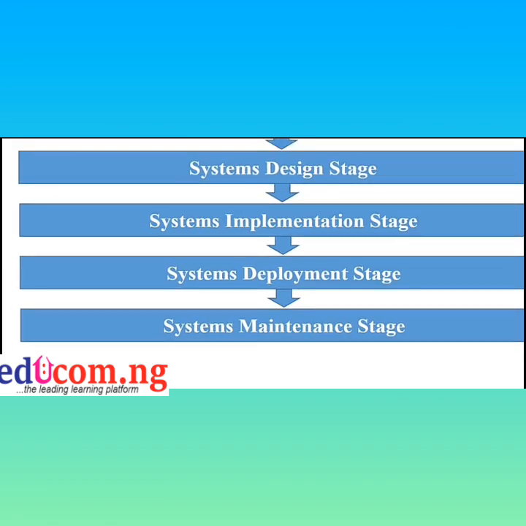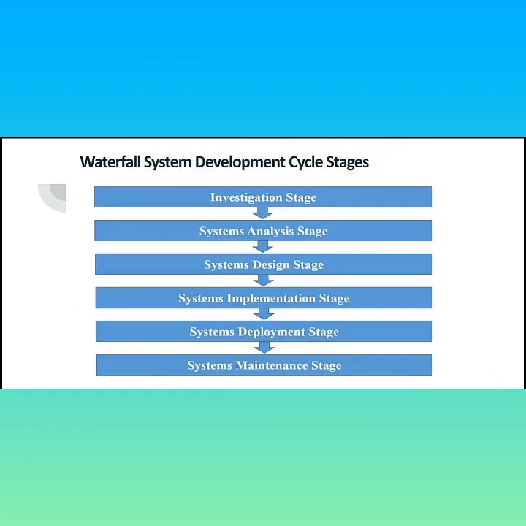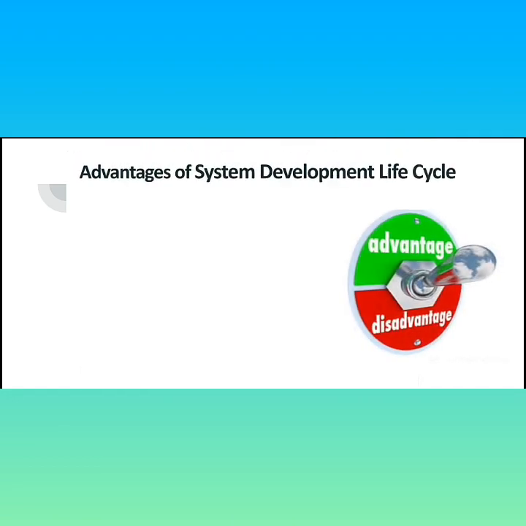Now, let us look at the advantages of system development life cycle. The advantages are: first, it is simple and easy to use. Second, it is easy to manage due to the rigidity of the model.